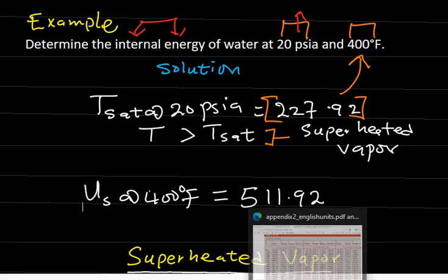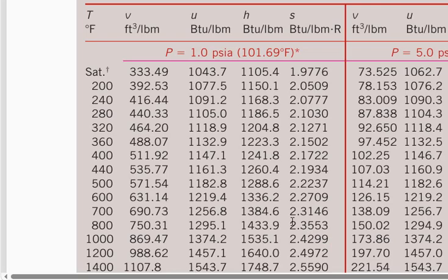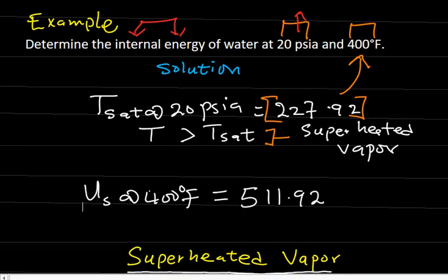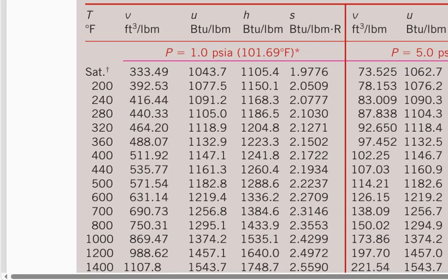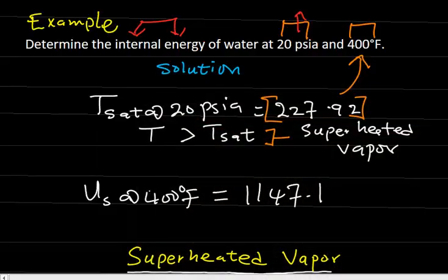So the internal energy, that is U, at 400 is 1147.1, and the unit is BTU per lbm.